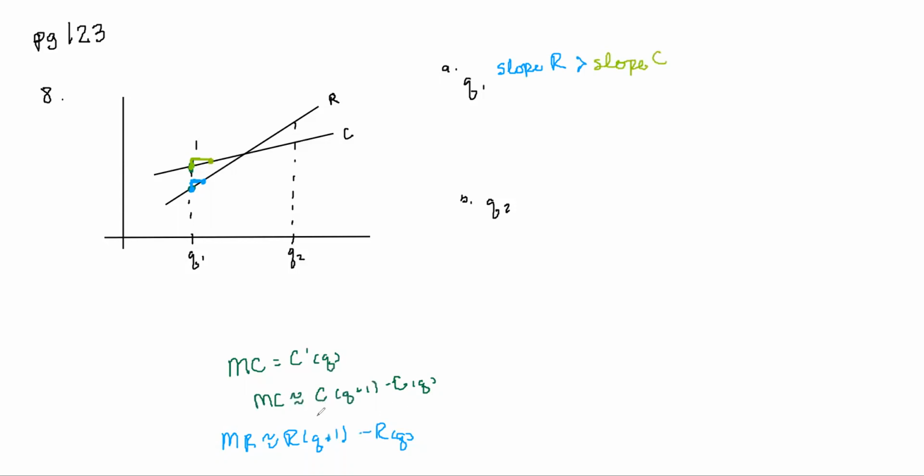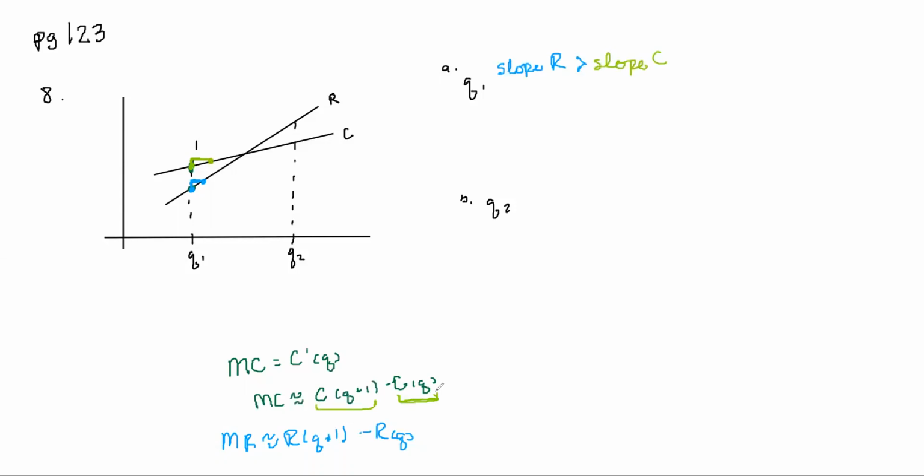And basically what this phrase is saying is that it doesn't matter what value you start at, because all you're looking at is the difference between the values. And that matters based on the slope. So the slope of R is going to be greater.